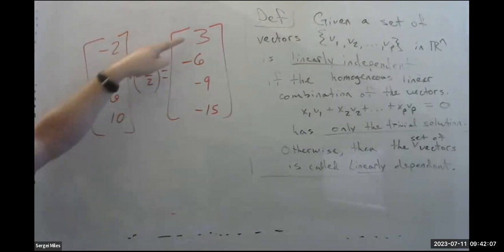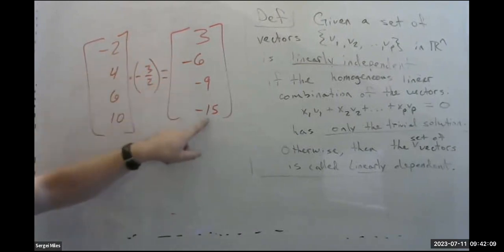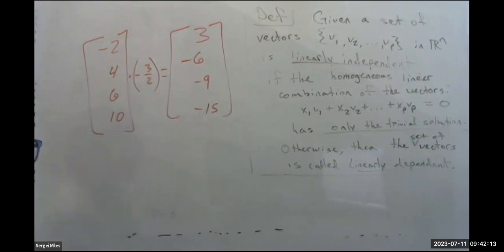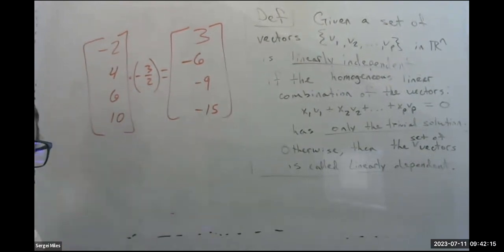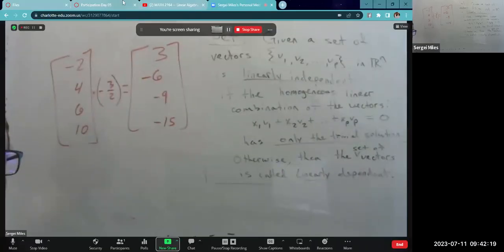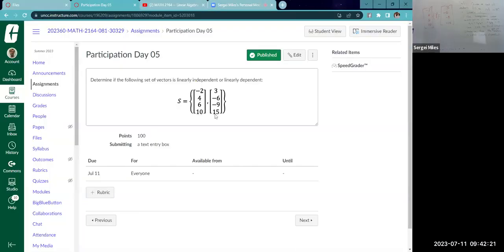This scalar works for all three entries except for the final entry. So when we come back to this problem, these are then not multiples of each other. Because they're not multiples, that means they're on different lines.